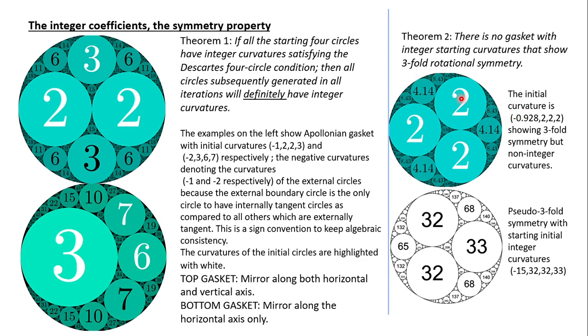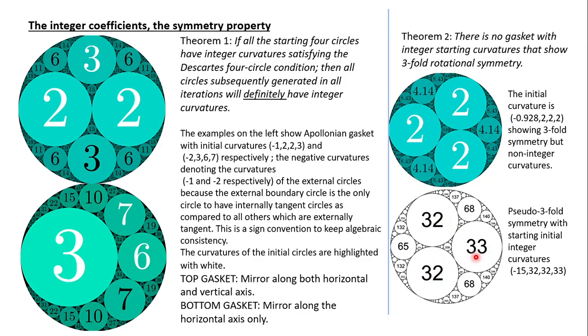So there is no threefold rotational symmetry with integers. No, that's not possible. This circle, which has rotational symmetry, has a curvature of minus 0.928, the external one, and that's it.